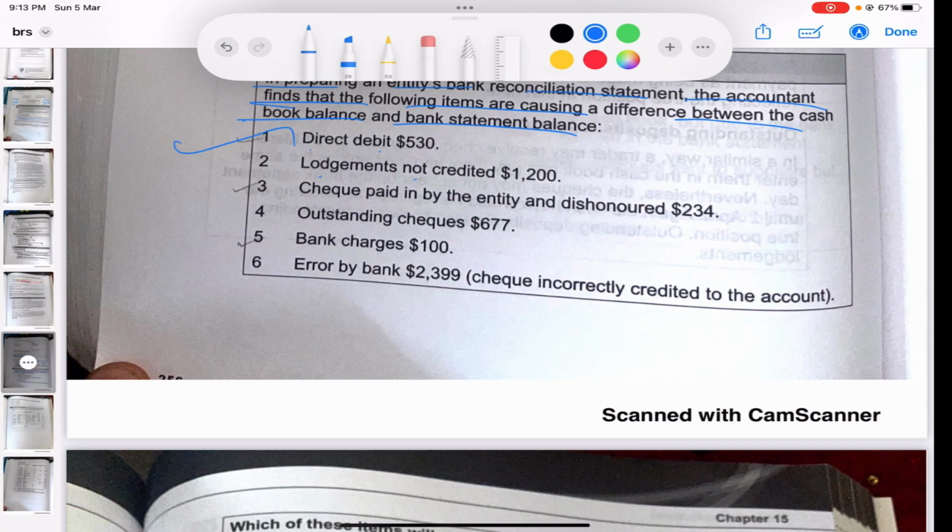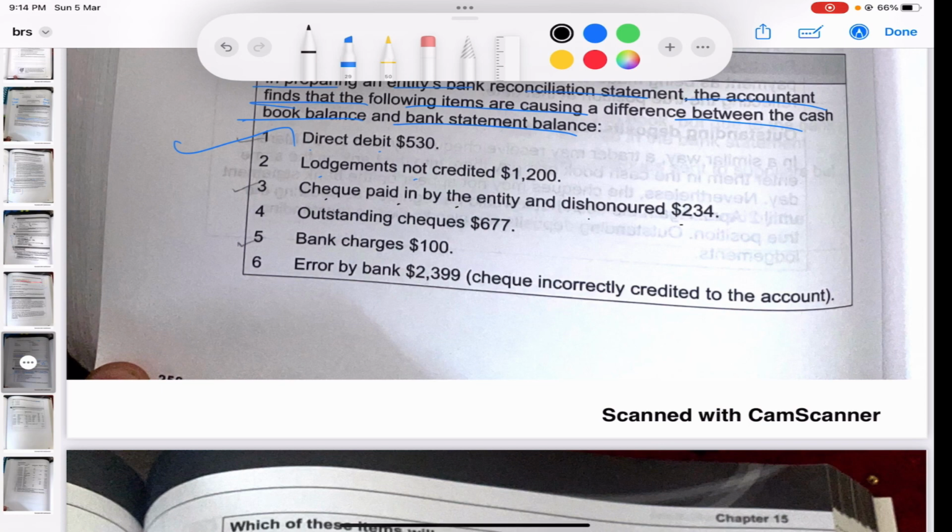Lodgements not credited. That is always the bank's mistake. We know that. Check paid in by the entity and dishonored, 234. Take a moment and try to understand. The check I have paid in has been dishonored.